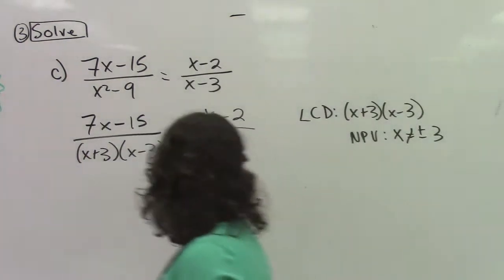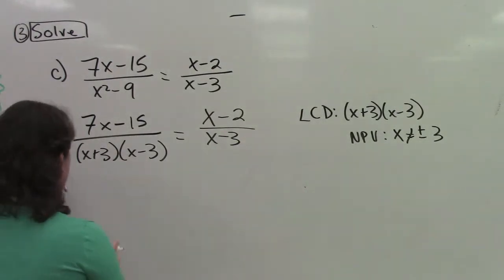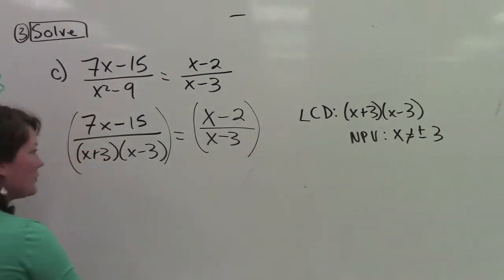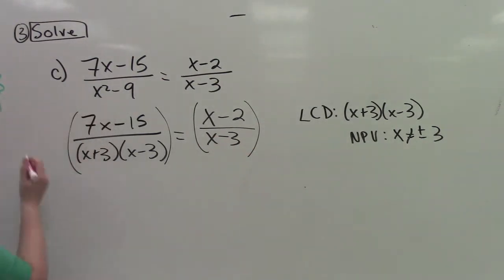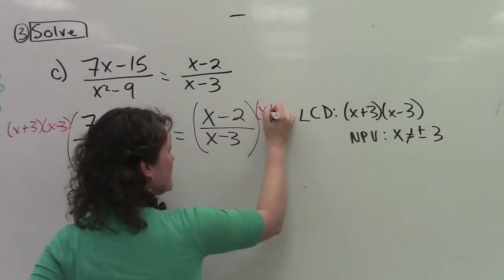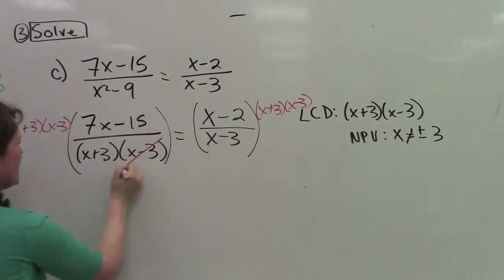Awesome. So I don't have to do anything, well actually yes I do. I'm going to put this in brackets and multiply by that lowest common denominator, (x plus 3)(x minus 3) on each side. This one is lovely, right?